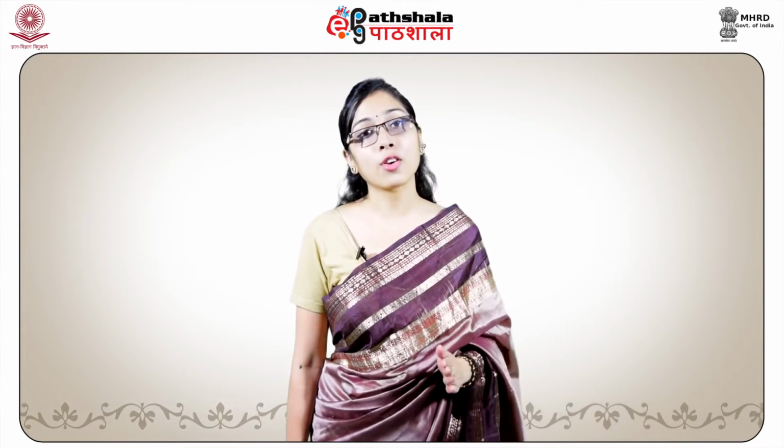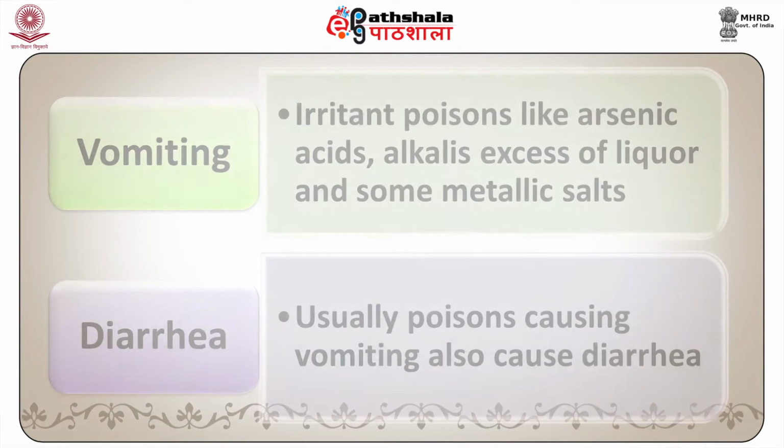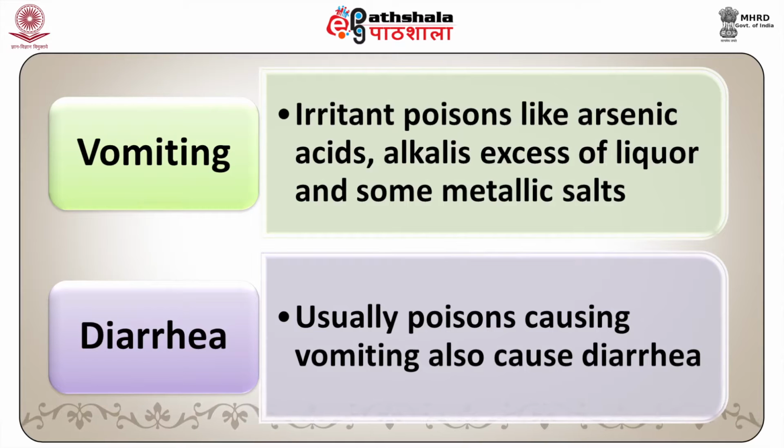In this table, we have on one column the symptoms and on the other column we have shown the poisons that are involved in causing those types of symptoms. So first we have vomiting, and the poisons involved are irritant poisons like arsenic, acids, alkalis, excess of liquor and some metallic salts. Next is diarrhea.